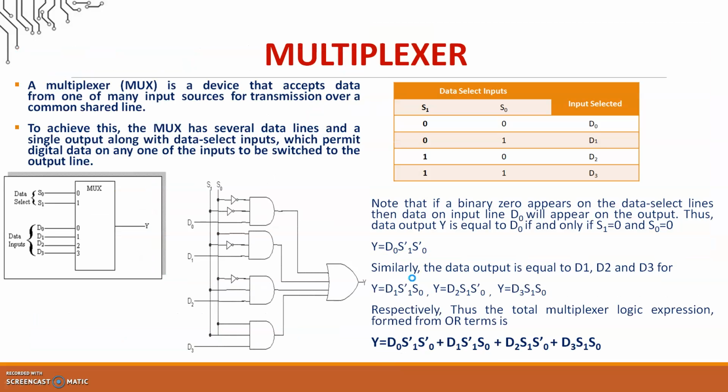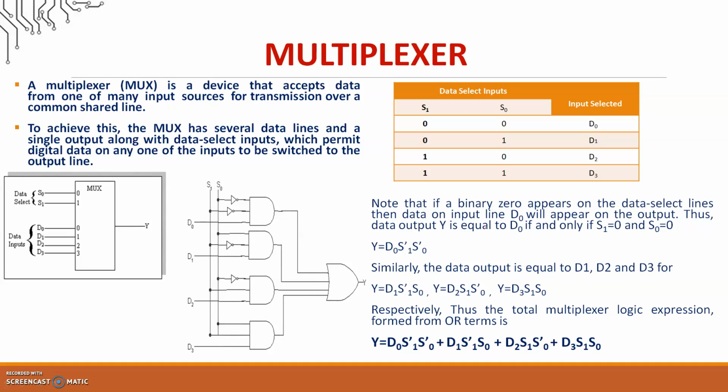Next we are going to see about the multiplexer. A multiplexer will be called MUX. It's a device that accepts data from one of many input sources for transmission over a common shared line.